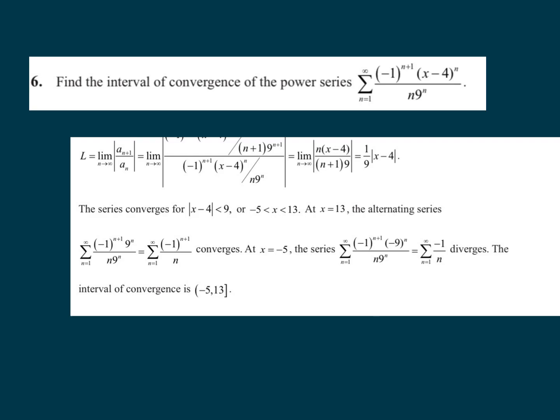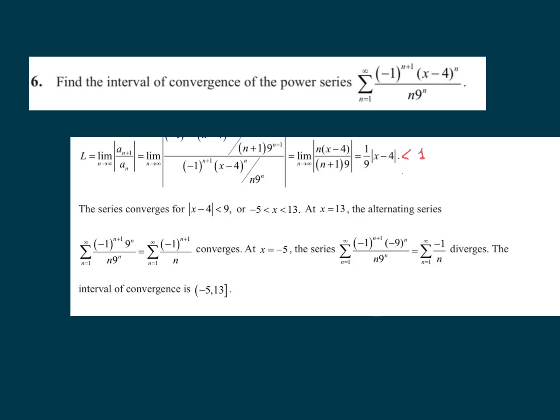Now we are going to solve problem 6, which is exactly the same thing that we have done before. We analyze the ratio, a sub n plus 1 divided by a sub n. If you do it for this series, and you take the limit when n goes to infinity of a sub n plus 1 divided by a sub n, you will find 1 divided by 9 times the absolute value of x minus 4, and to converge, this has to be less than 1.